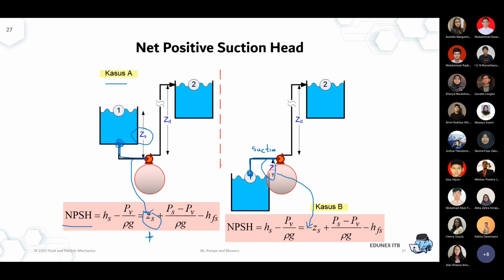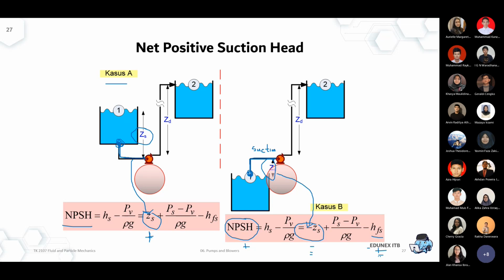Because you want to keep it above zero, or above the required NPSH. Meanwhile, in the second case, where the pump is located above the source tank, the ZS will be negative. This is trickier than case A. It still has to be positive if you want to avoid cavitation. But now your first fraction is already negative, and your HFS is also negative, because that's minus something positive.